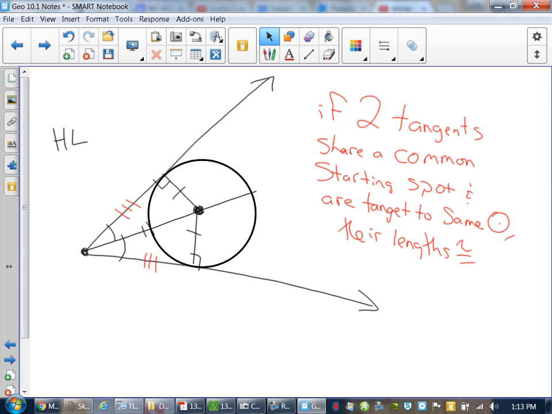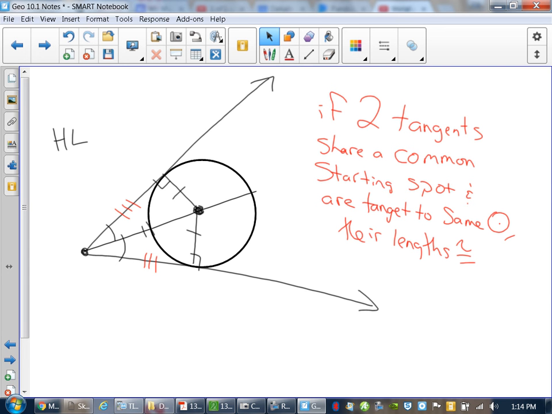If you have two tangents that start from the same spot and they're touching the same circle, they have to be the same length. Because it boils back down to being, if they touch a circle, they're perpendicular to a radius. That radius is the same whether or not you're on either side of the circle.